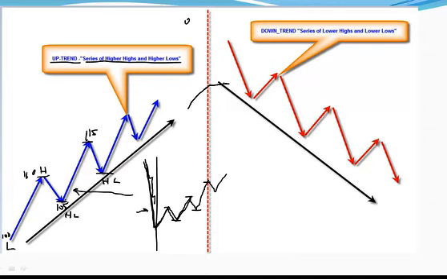Conversely, a downtrend, you have your high, your low, your lower high, and your lower low, or LL, lower low and lower high. So what you're doing is you're establishing a trend down or a downtrend. Now, typically when you're looking at a trend, the lower high does not exceed the prior lower high.